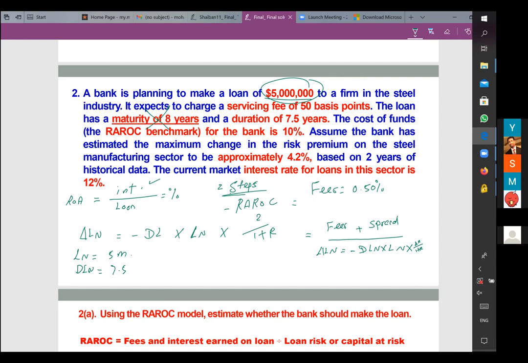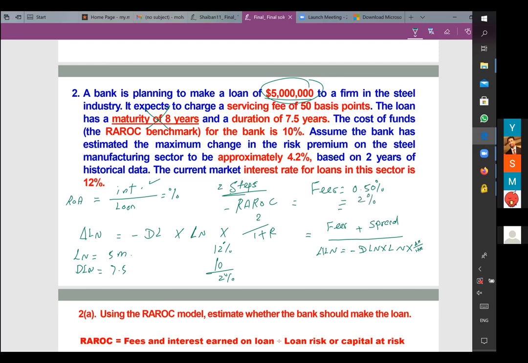You take the duration. The cost of funds of the RORAC of 10% means it costs me 10% for the funds, and I give it for 12%. So actually I have 2%. I can add it here, which is the spread. Now the spread is 2%.